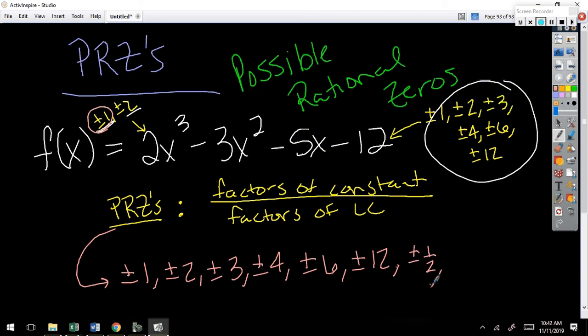What's 2 divided by 2? That's already on there. Don't repeat it. 3/2. 4 divided by 2, that's already on there. 6 divided by 2, that's already on there. And 12 divided by 2, that's already on there. So you only have plus or minus 1/2 and plus or minus 3/2 from that second one.